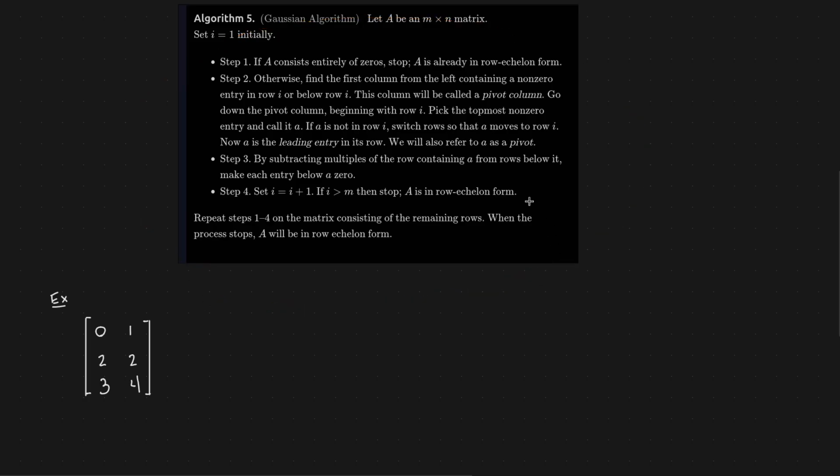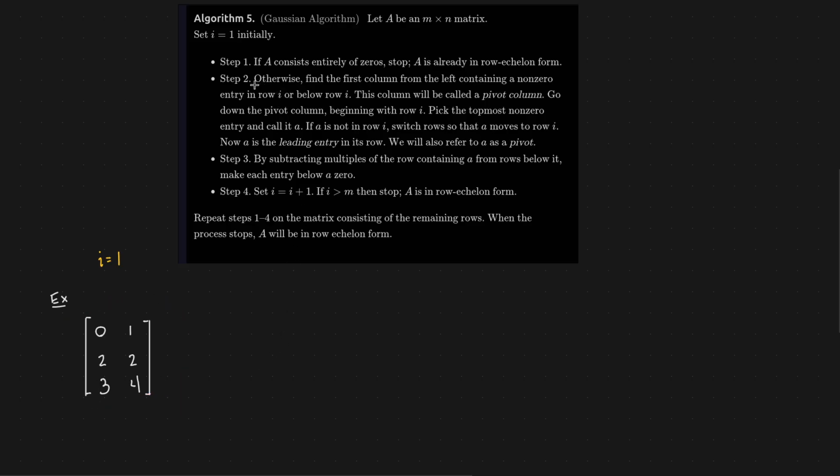We're starting with a matrix. Let A be an m by n matrix. And we're going to set i equal to 1 initially. So just mentally, we have i equals 1. If we have entirely zeros, we're done. We're already in row echelon form. That's not our case here.